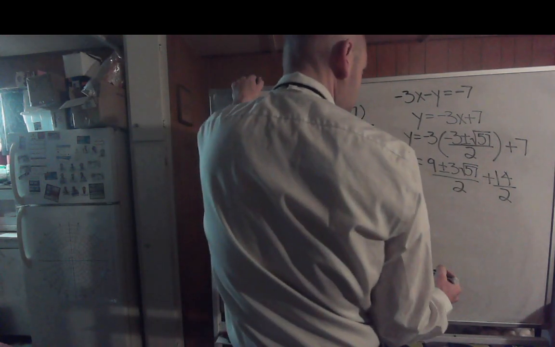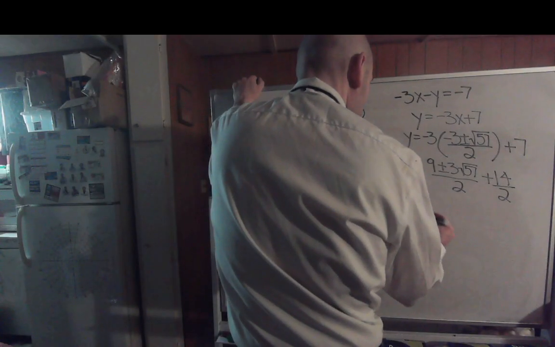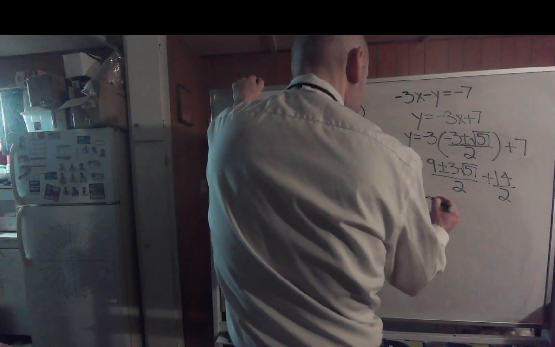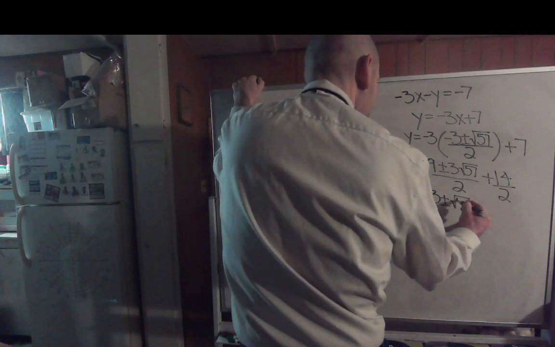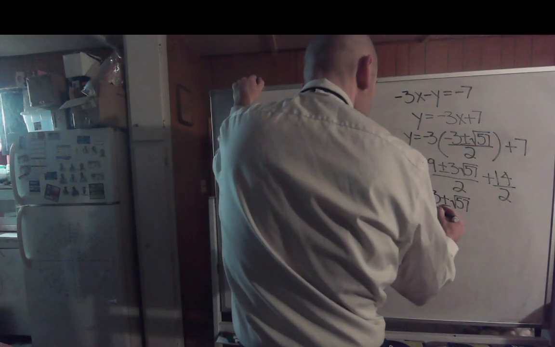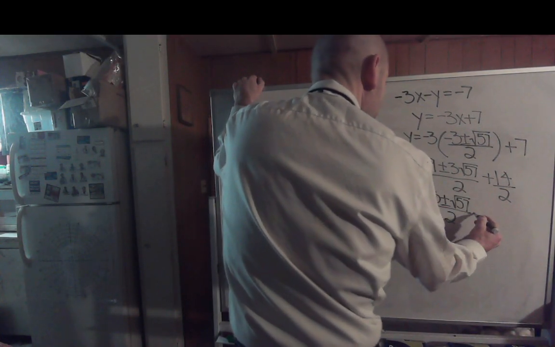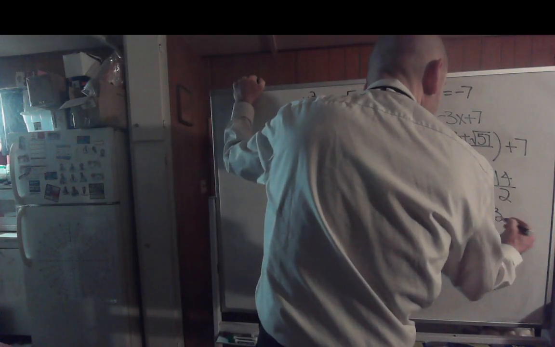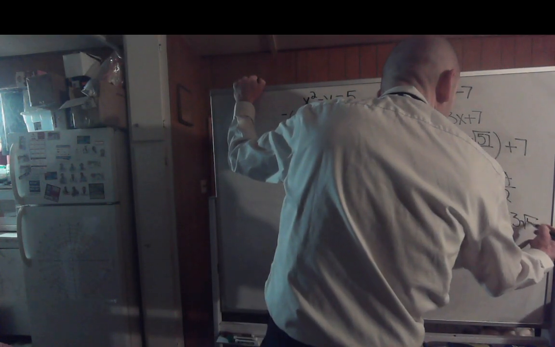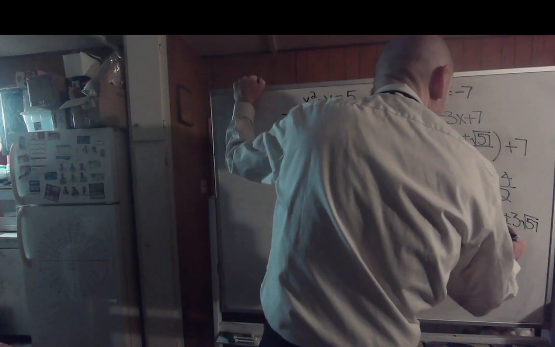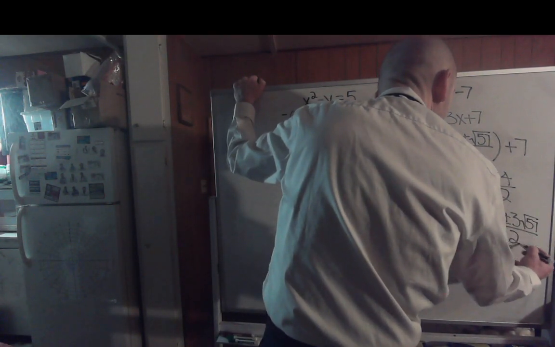So this turns into a hot mess here. That means the x will be the original negative 3 plus and minus the square root of 57 over 2. Your y will have a coordinate of 23 plus and minus 3 times the square root of 57 all over 2.